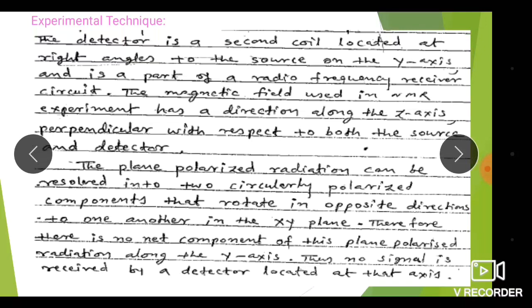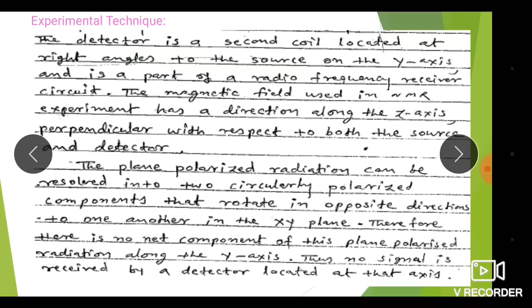The detector is a second coil located at right angles to the source on the y axis, and it is part of the radio frequency receiver circuit. The magnetic field used in the NMR experiment has a direction along the z axis, perpendicular to both the source and the detector.